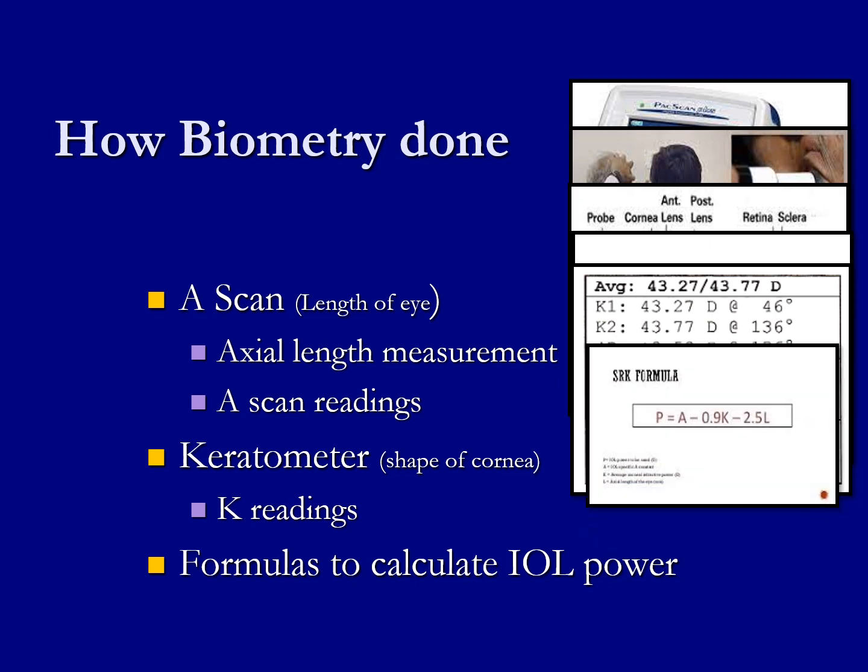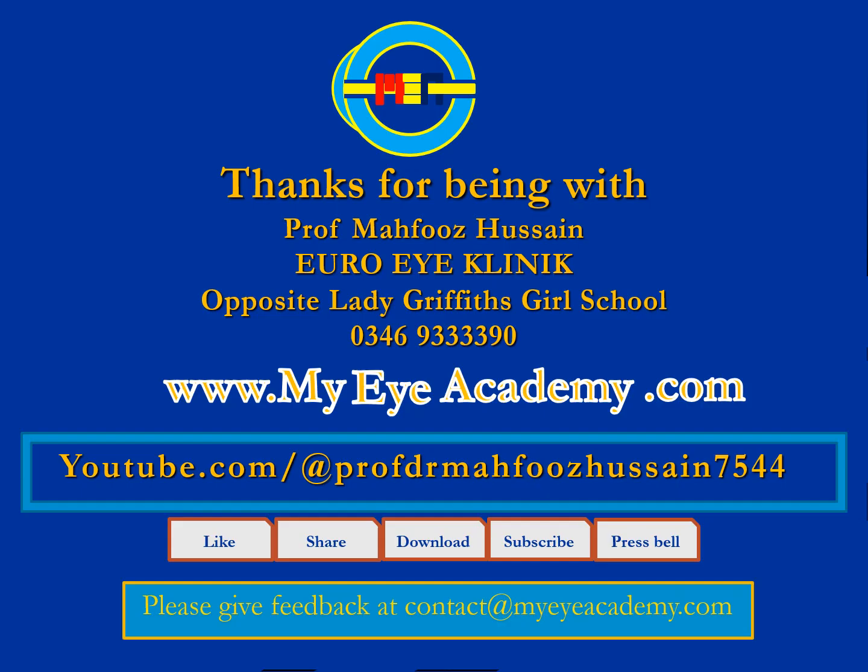You put the shape and the length of the eye into a formula to calculate the power of the lens, and this is a formula. So you use the biological data for statistical analysis to find out the power of the implant in the eye.